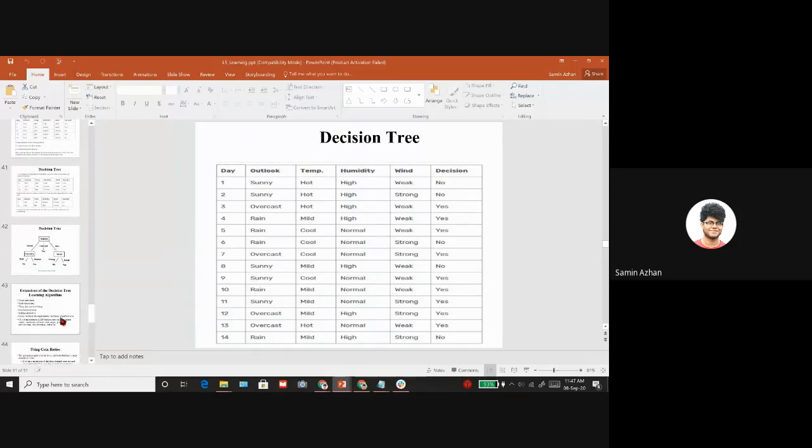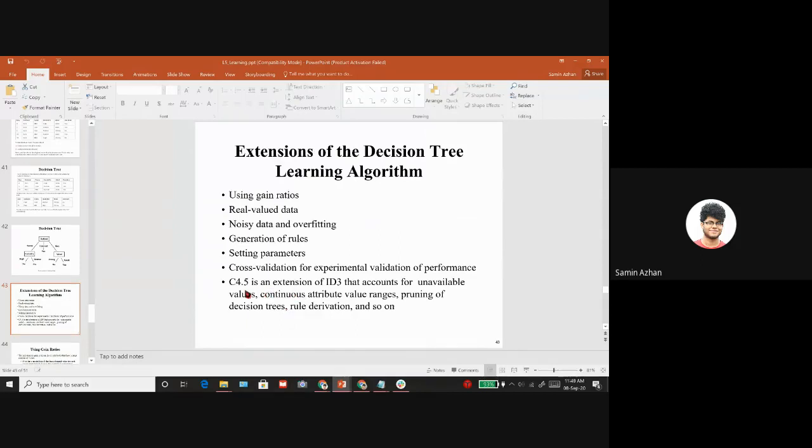So to improve that, there's an extension of ID3 which is called C4.5, which uses the gain ratio instead of the information gain. In the very first point, you see, using gain ratios. If we use ratios or percentages, that would be much more accurate, and that would save us from the trouble of bias or imbalance because we're taking ratios now.